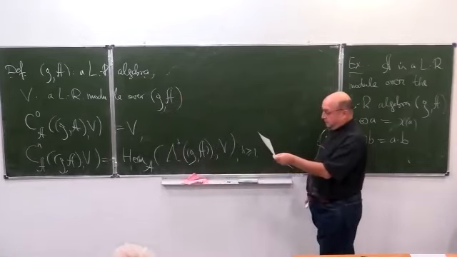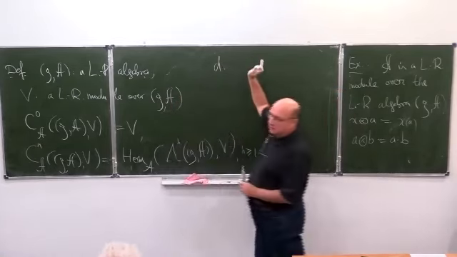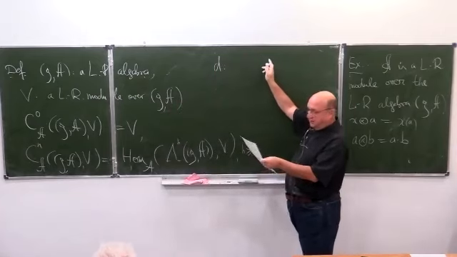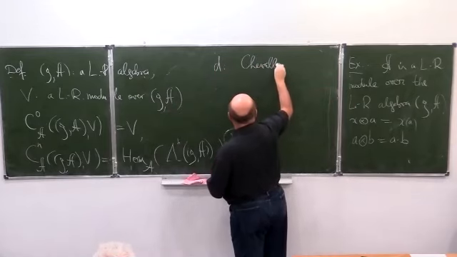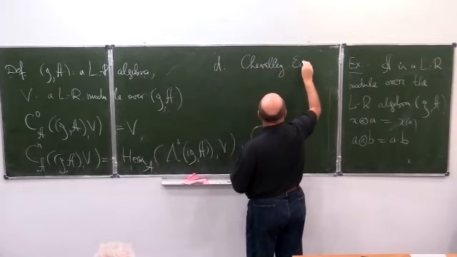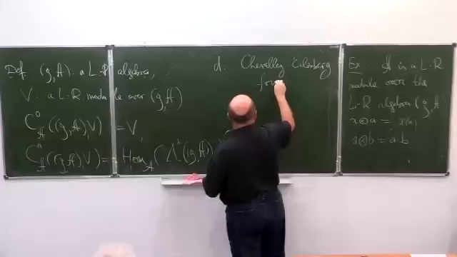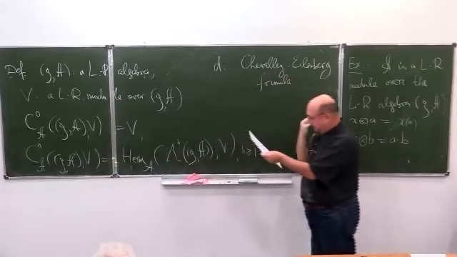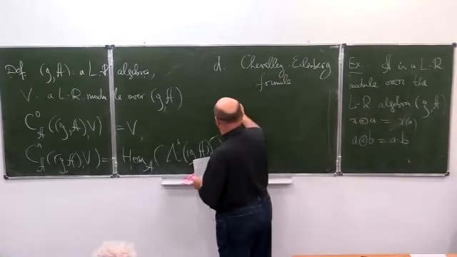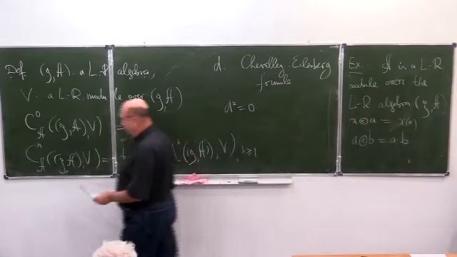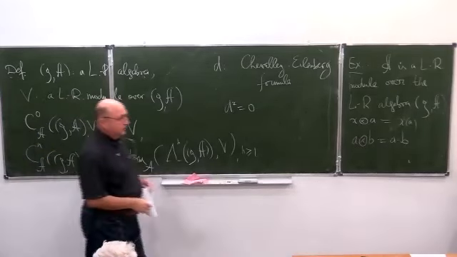Well, and define the differential by the Chevalley-Eilenberg formula. Then the square of this differential is equal to 0.